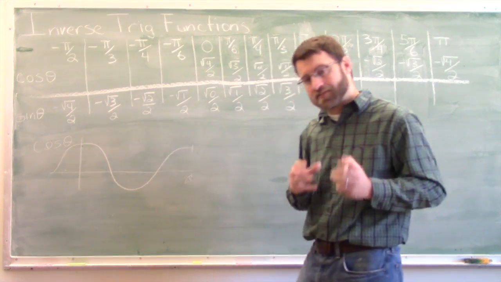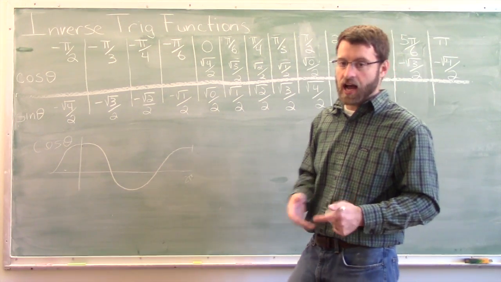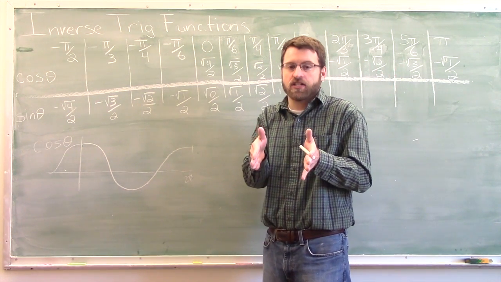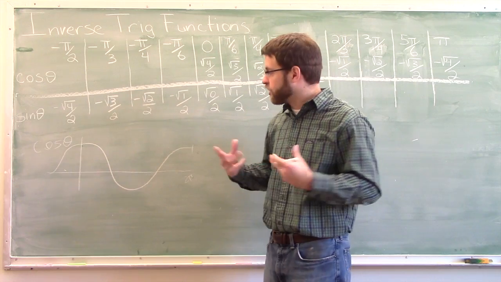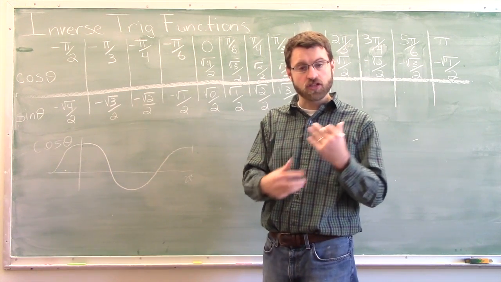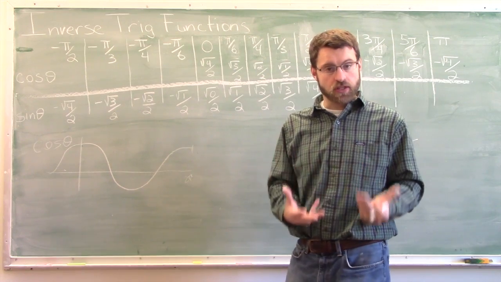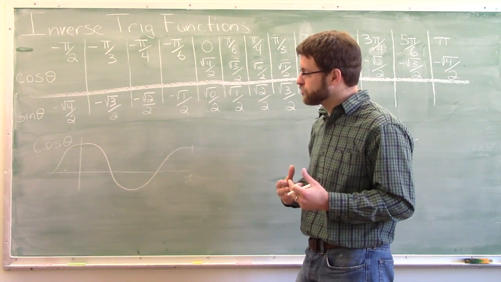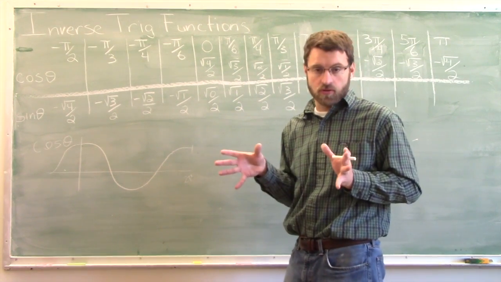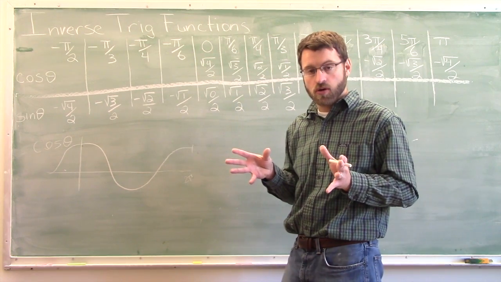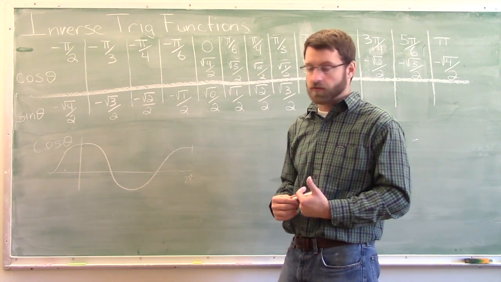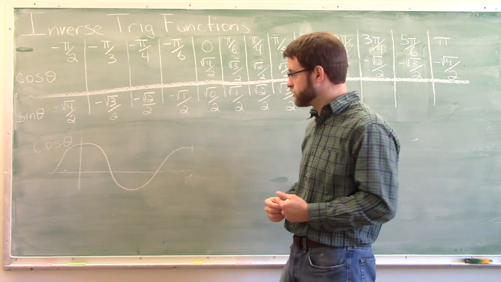So if I'm trying to define an inverse function, I have to restrict my attention to an interval where cosine doesn't repeat itself. It doesn't reuse any outputs. When we do this traditionally, we use the biggest interval around 0 that we can to define the inverse trig functions. This is the traditional way to do it.